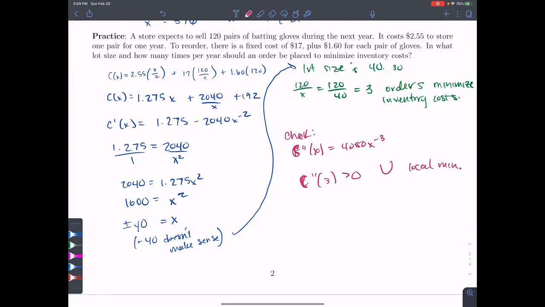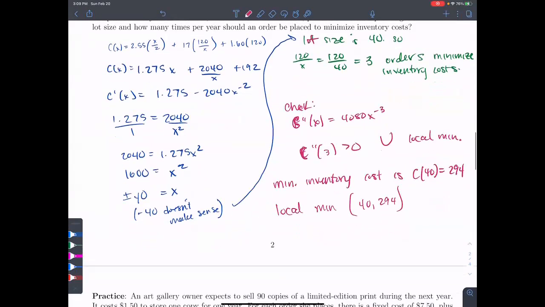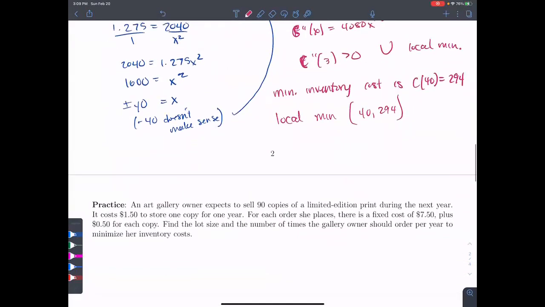So the minimum inventory cost is C of 40, which is 294. We have a local min at 40, 294. Okay.